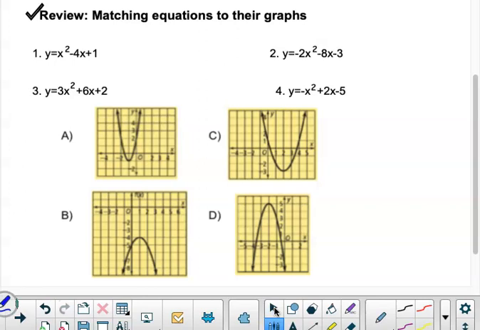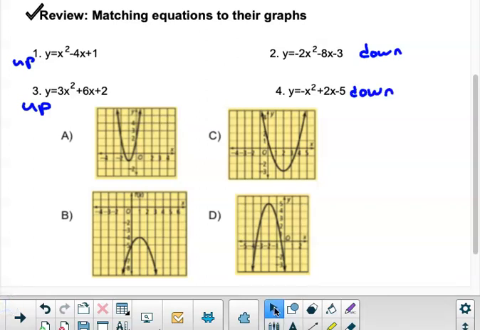So number one, x squared minus 4x plus 1, there's not a negative sign, so this one's going to open up. This one, number 3, is going to open up. And then I have a negative over here, which is going to open down. And then this one is going to open down. So just starting my process of elimination here.